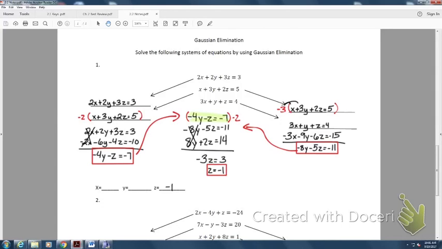So I would have -4y minus -1 equals -7. Negative times -1 is +1. I would subtract 1 to get -8. And then whenever I divided, that would give me that y equals 2.